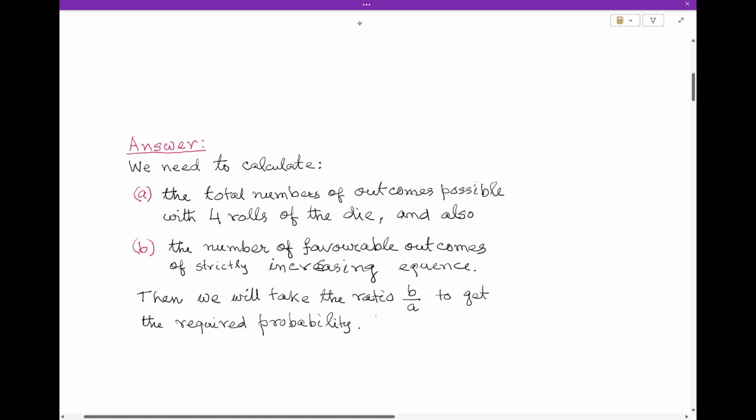We need to calculate the total number of outcomes possible with 4 rolls of the die and also the number of favorable outcomes of strictly increasing sequence. Once we have calculated these two numbers, A and B, we will take the ratio B by A to get the required probability.